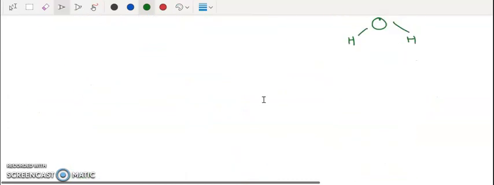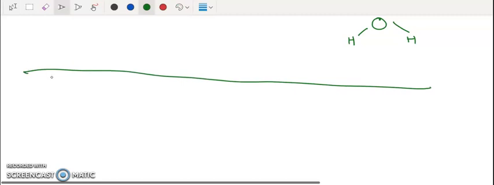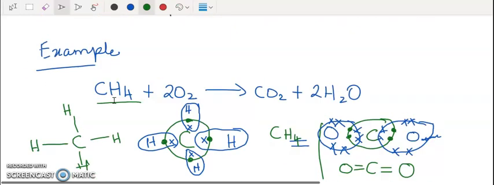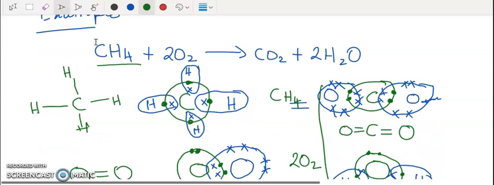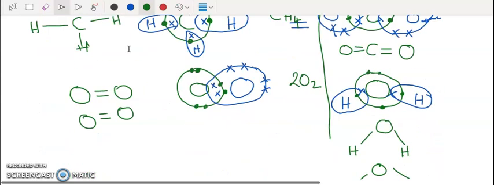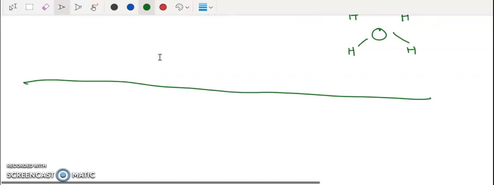So leaving this aside, let's put this together in the equation. Let's substitute our way of drawing this into the equation. So we've got, in place of CH4, I'm going to write it like this. Plus, now in place of oxygen, I'm going to show double bond.